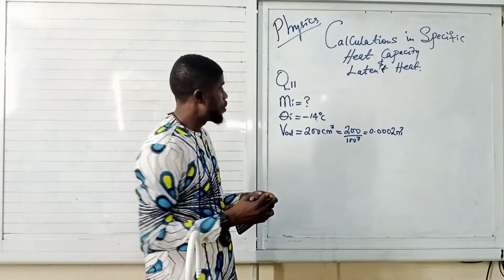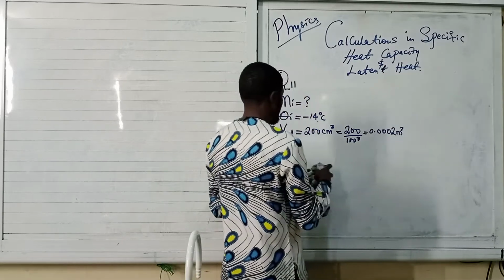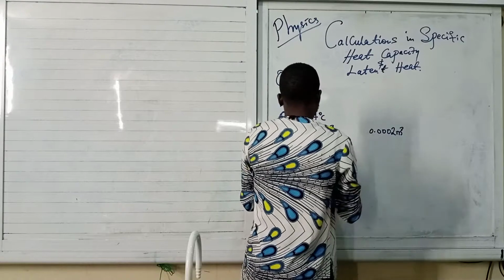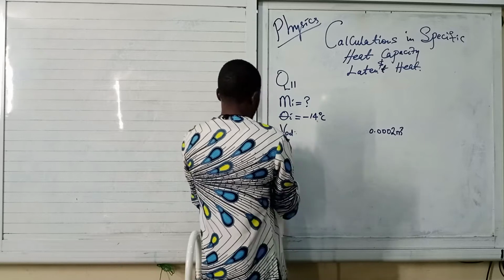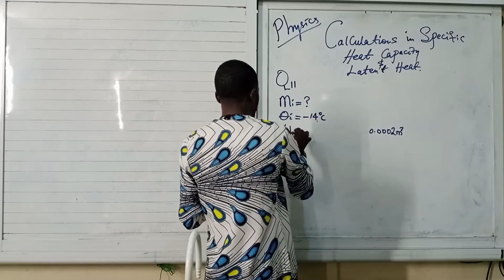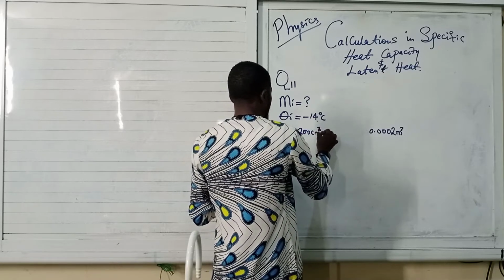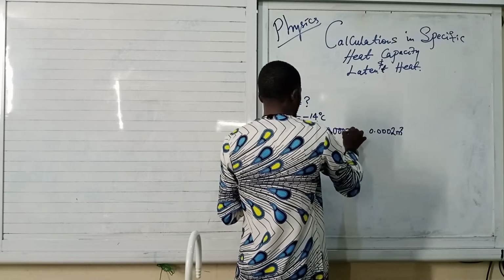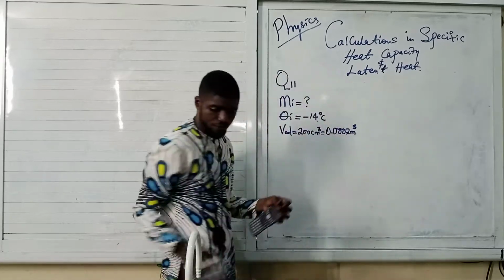To minimize our space, we say that the volume of orange drink is 200 cm³, and this is the same thing as 0.0002 meter cube. That is that for that.